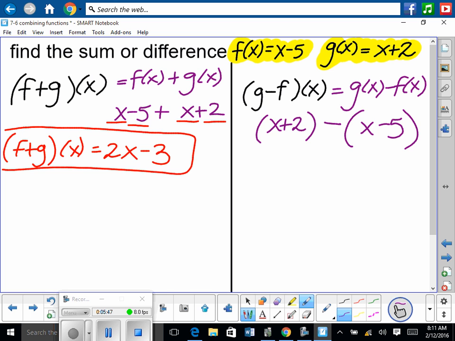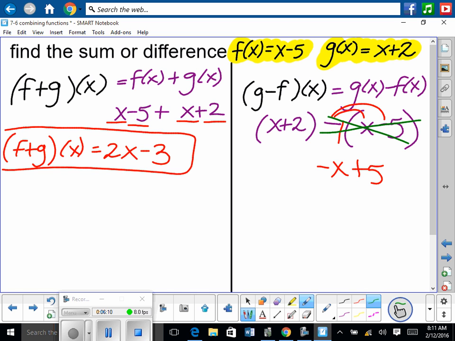Questions on how I did that, or like where I put what, or where I'm getting any of this, anything. Okay. So now with subtraction, we've got to be careful, because we know that's technically a negative 1. Let's distribute it through. So we're going to be dealing with negative x and positive 5, right? Now don't double dip. People will say, so we're minusing that. No, we just distributed the negative so we don't have to deal with this anymore.